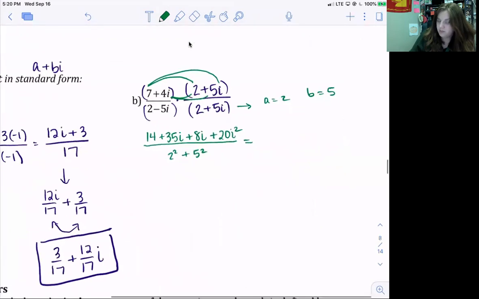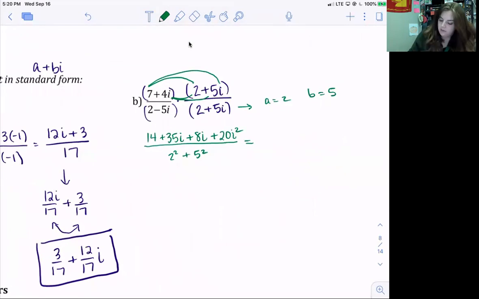So zooming this back in, I'm going to rewrite this in shorthand. So 20i squared is the same thing as 20 times negative 1, which is negative 20. So we have 14 minus 20.